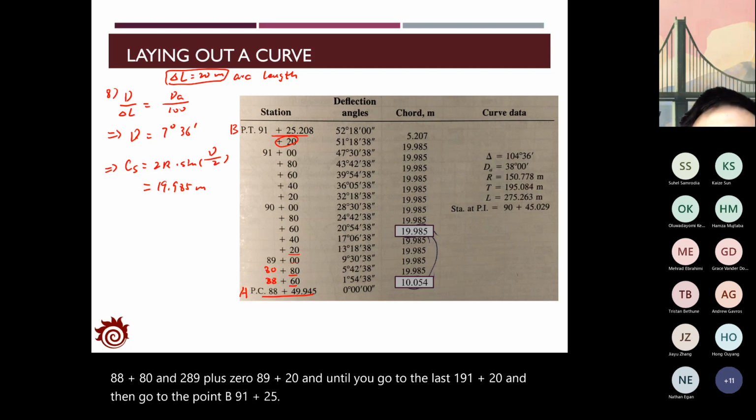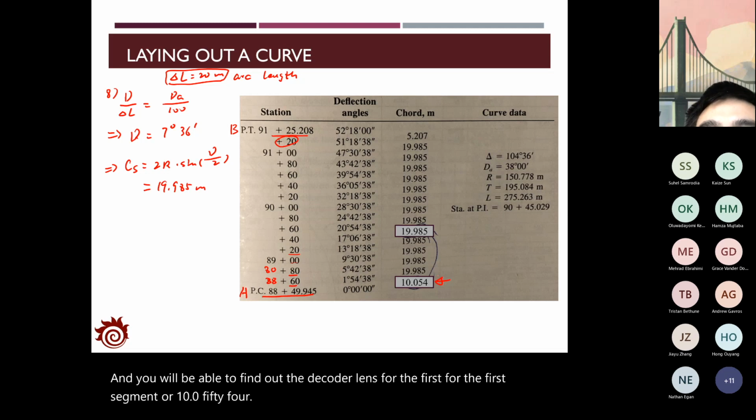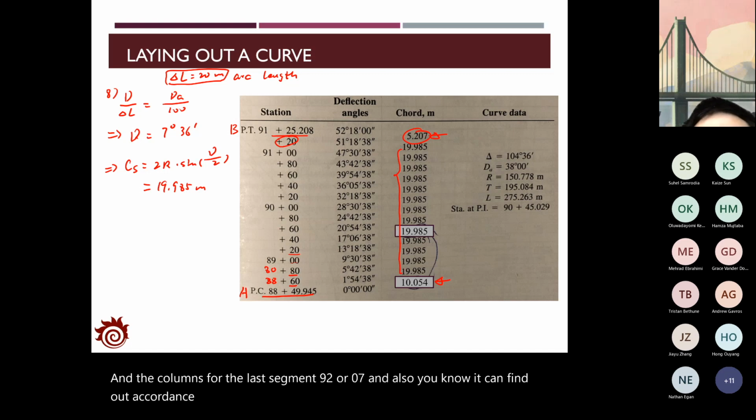You'll be able to find out the chord length for the first segment, 10.054, and the chord length for the last segment, 9.207.